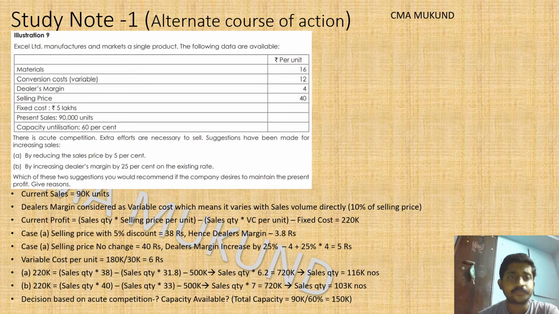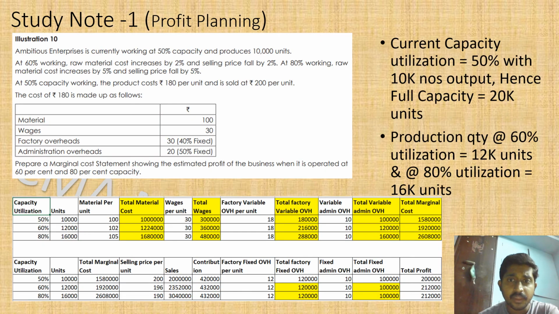Okay, so I think I have one more problem for the day. Yes, this is the last problem for the day. Profit planning, illustration number 10. Ambitious Enterprises is currently working at 50 percent capacity and produces 10,000 units.